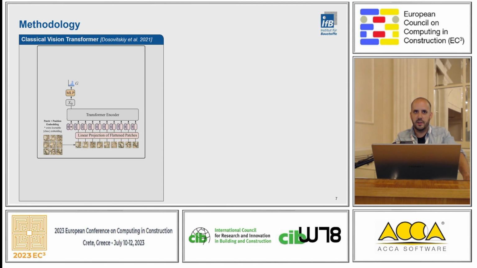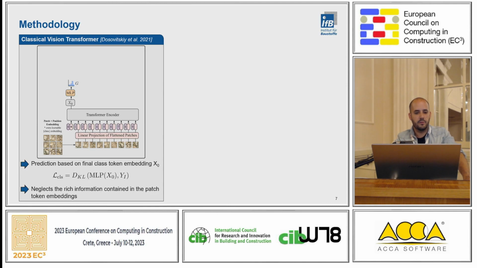For classification or regression problems, usually a learnable class embedding is prepended to the sequence of tokens, and then the whole sequence is fed through the transformer encoder, and the final prediction is based on the final token embedding of the learnable class token, which means that all the embedding information of the actual patch tokens is neglected, although it can potentially contain rich and valuable information.